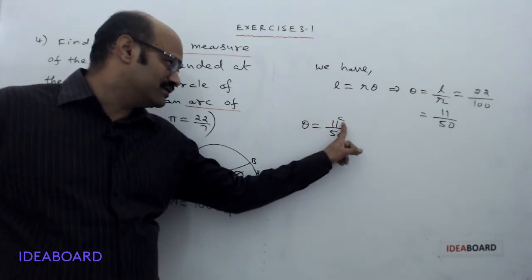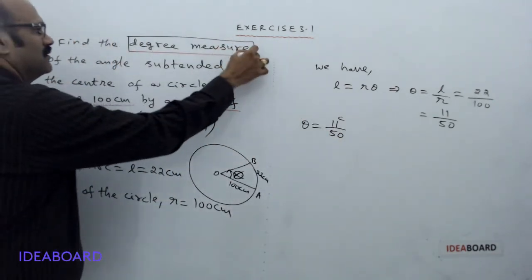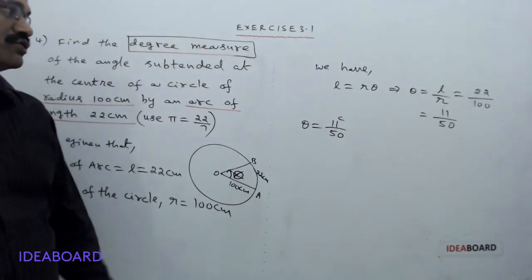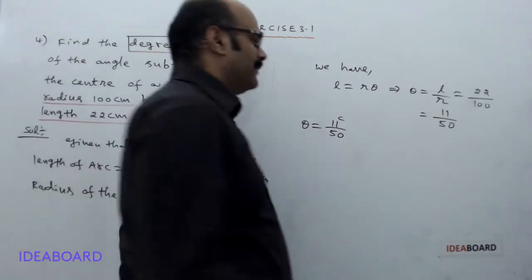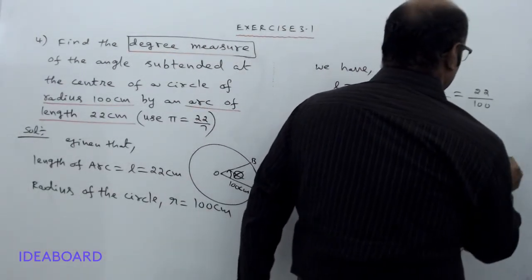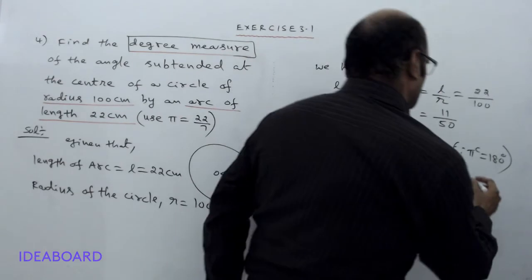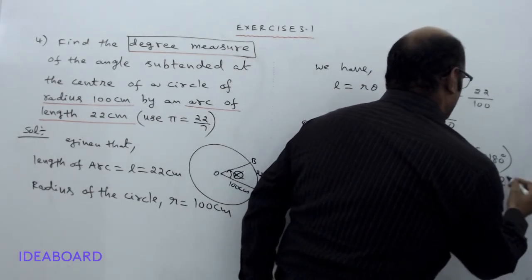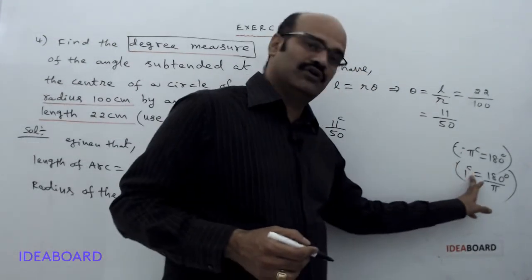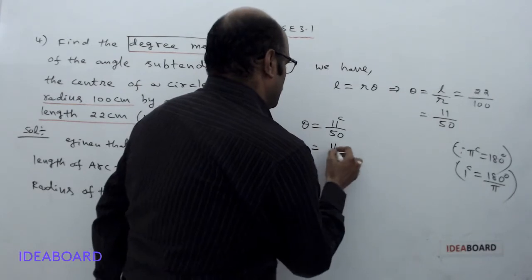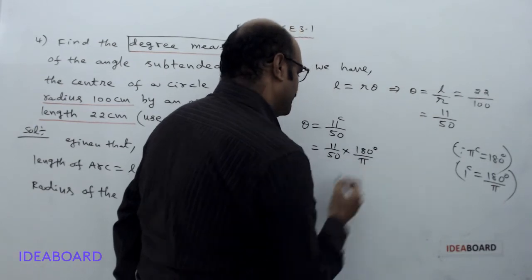Now here we should convert these radians into degree measure, since he is asking for the degree measure. So we should write this in terms of degrees. We know that pi radians equal to 180 degrees. It implies 1 radian equal to 180 by pi degrees. It implies 11 by 50 radians equal to 11 by 50 into 180 by pi degrees.